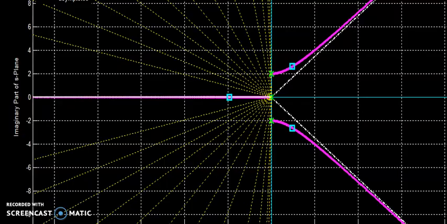In the diagram, the dotted white lines show the asymptotes: one at 60 degrees, another at 180 degrees, and the third at 300 degrees. One root locus branch goes from 0 to minus infinity, and 2 branches go along the asymptotes.